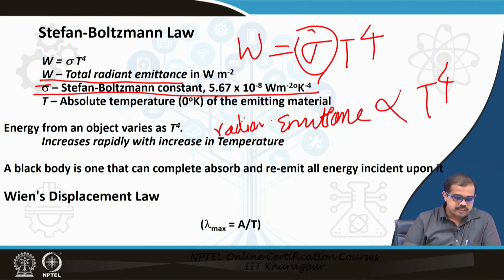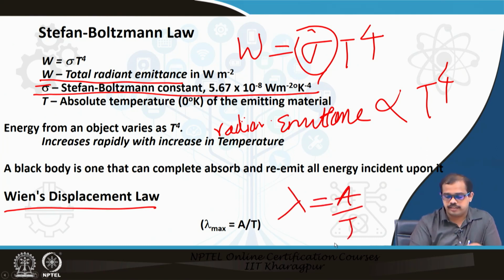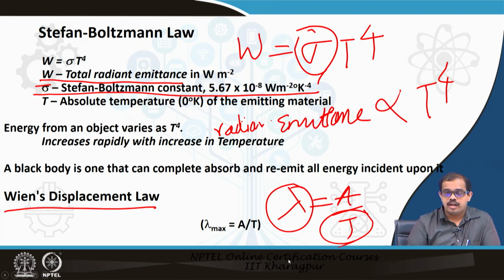This is one. The next law that we have to understand is Wien's displacement law, which states that lambda is inversely proportional to the temperature, which means that wavelength is inversely proportional to the temperature. If the wavelength is higher, the temperature is lower; if the wavelength is lower, the temperature is higher.